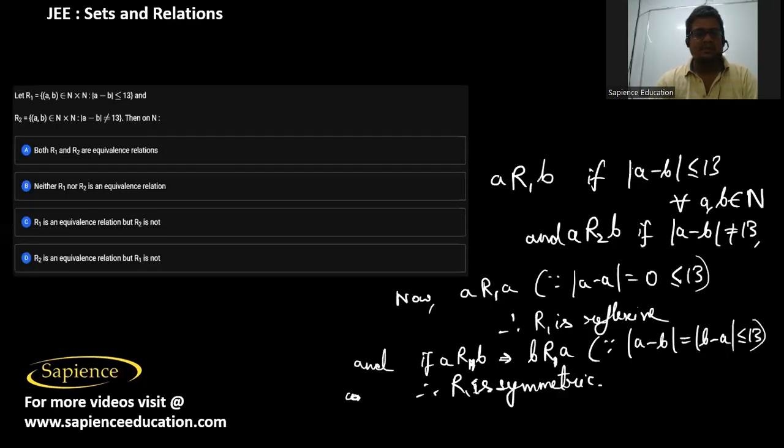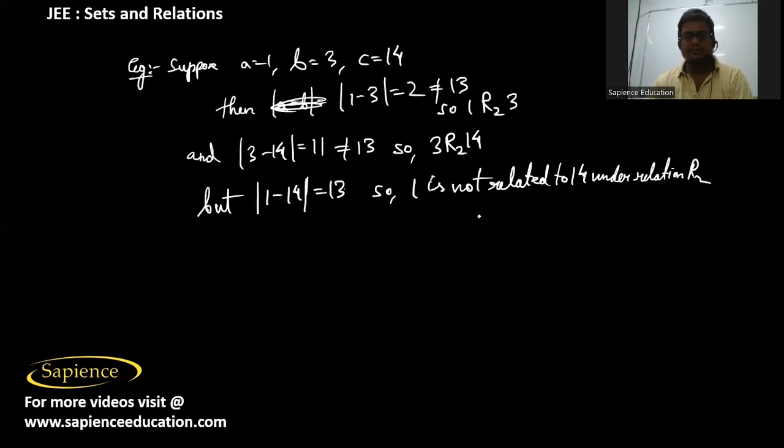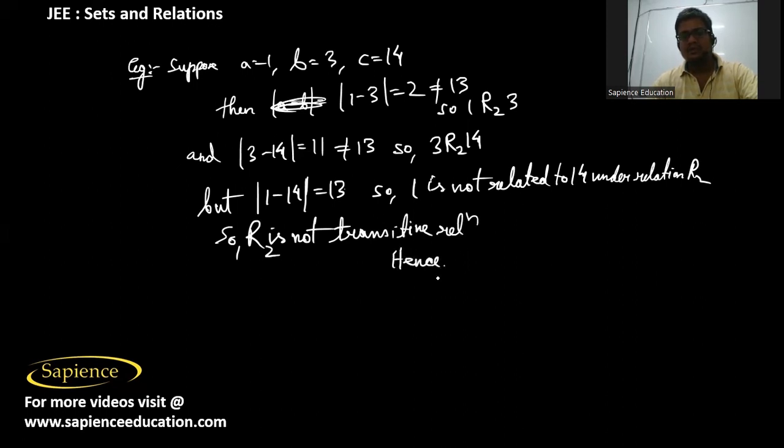And here also we have to take all values of A and B as natural numbers only. So here 1 is not related to 14 under R2, which means R2 is not transitive. So hence R2 is not an equivalence relation also.